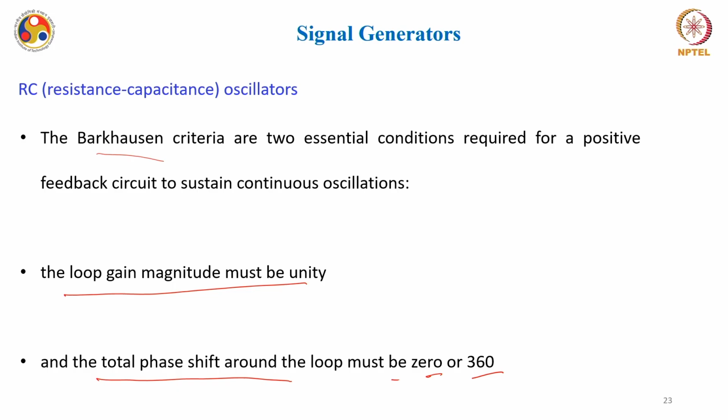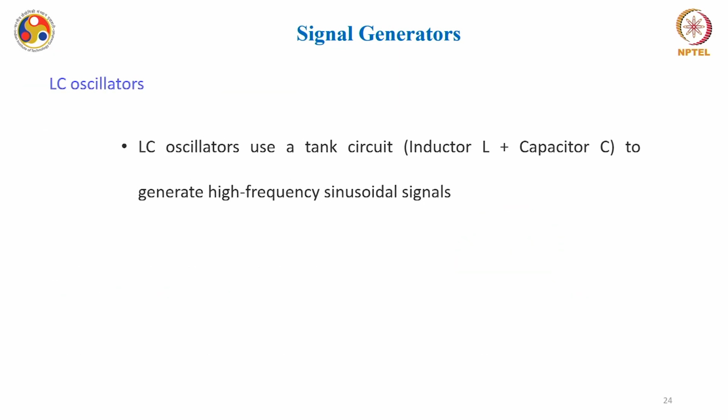In fact, if you remember, the loop gain magnitude should be greater than 1 to start the oscillation, and after that it will sustain when it is equal to 1. This applies to all kinds of oscillators that we are seeing, particularly the feedback oscillators.